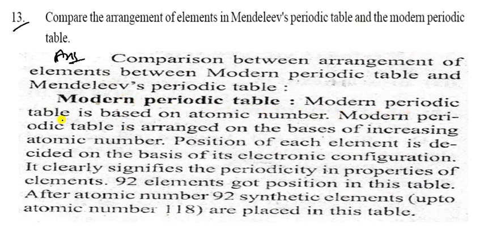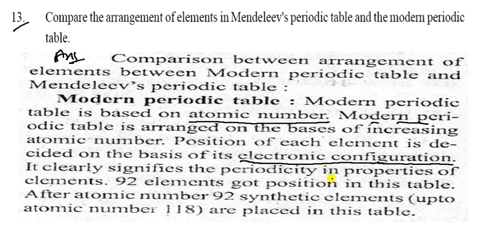The modern periodic table is arranged on the basis of increasing atomic number. The position of each element is decided on the basis of its electronic configuration. Always remember, it is on the basis of electronic configuration.